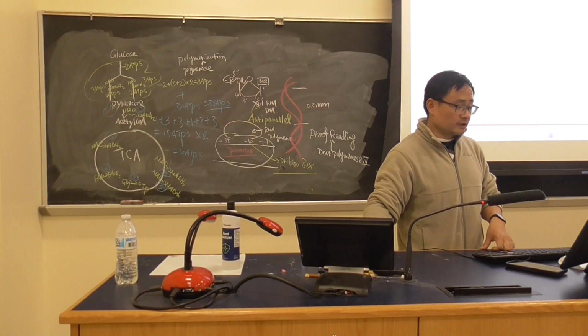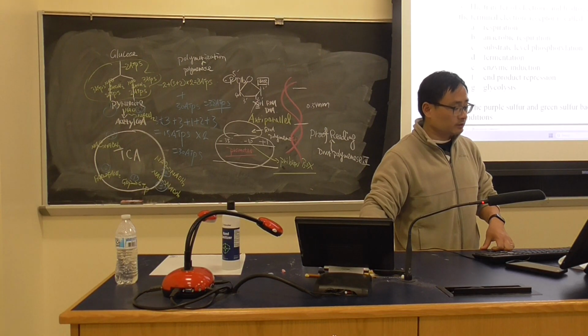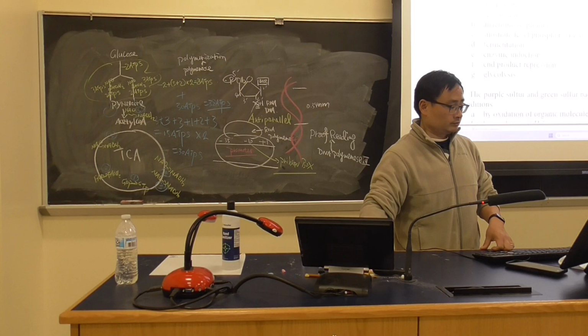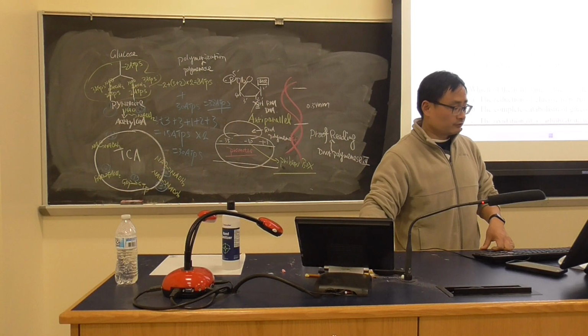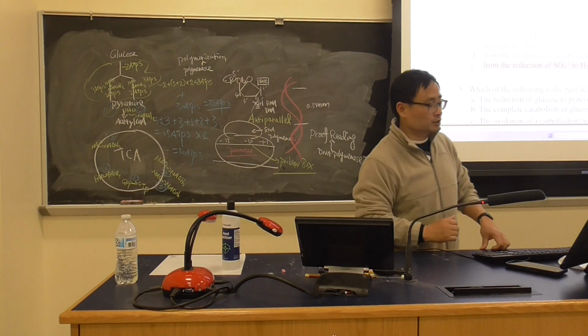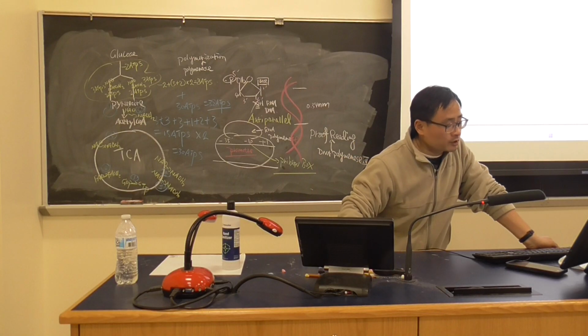The transfer of electrons and hydrogen by a dehydrogenase to an organic molecule as a terminal electron acceptor is called fermentation. The purple sulfur and the green sulfur bacteria obtain energy through anaerobic respiration from reduced sulfur. This is a little bit difficult question.